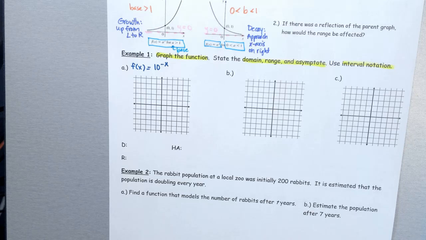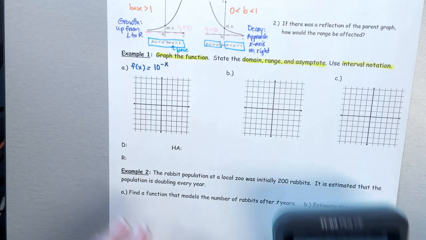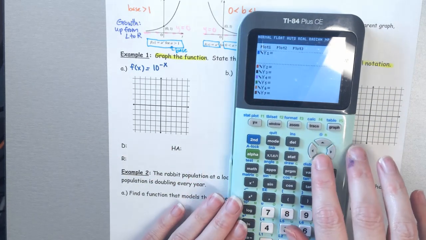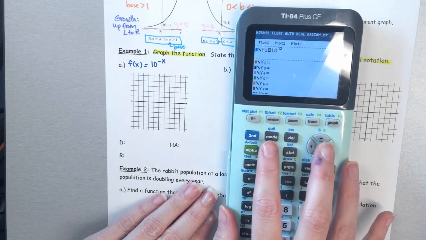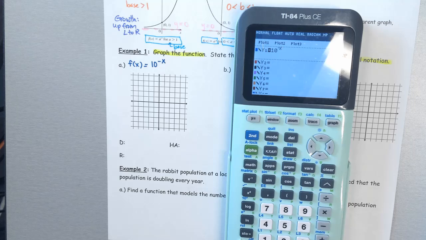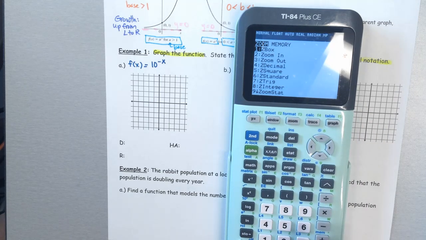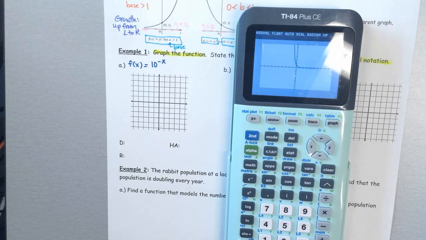Okay, so we're going to use our graphing calculator to help us with the table. Okay, and that's fine. So you are going to have your calculator on your quiz. So you have 10 to the negative x. Okay, I need to zoom and go back to my standard 10 by 10 window.